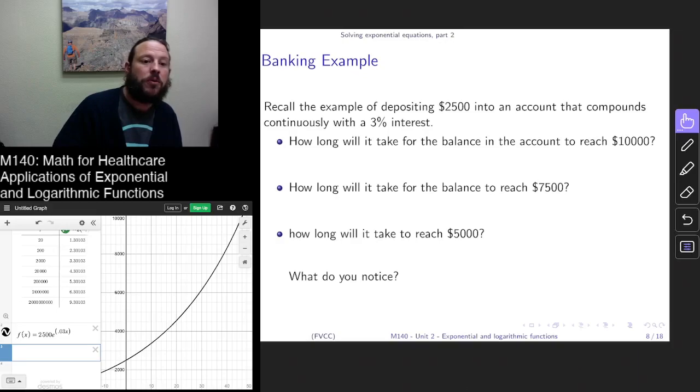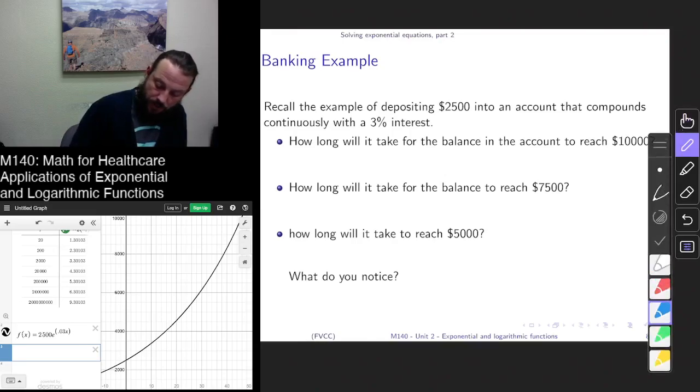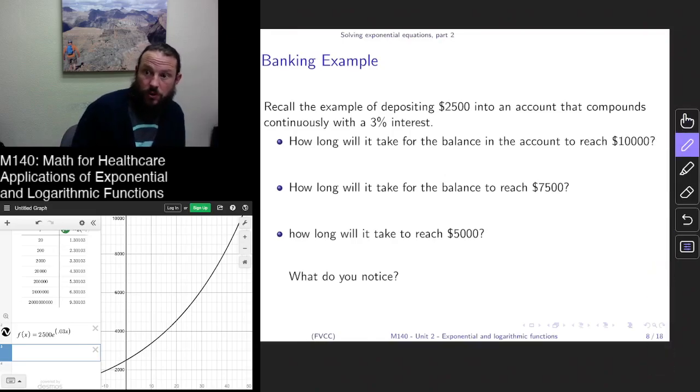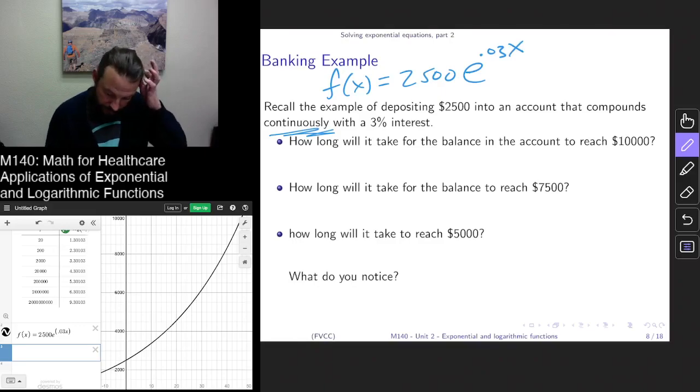So what I want you to try on your own, what is that function? So f of x, we have our initial amount, 2,500, because it's continuous it's base e and 0.03x. Okay.